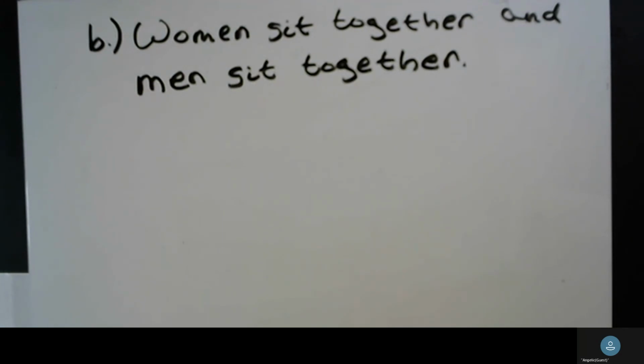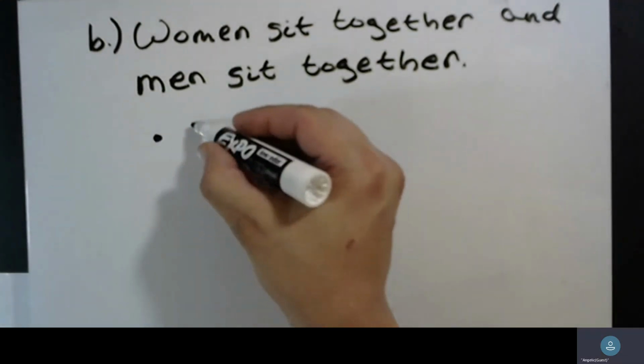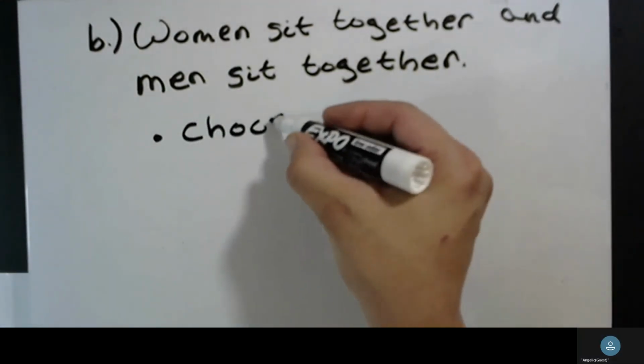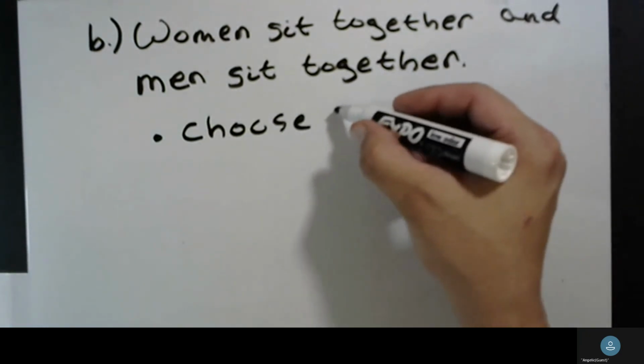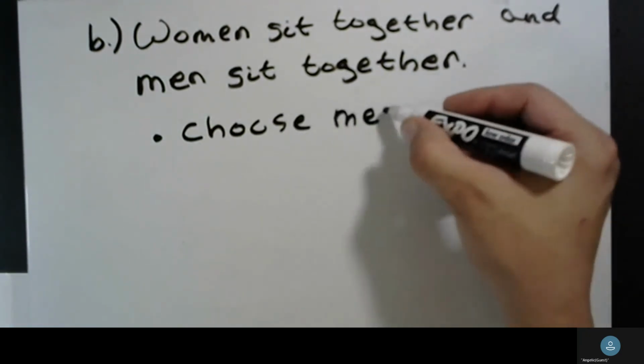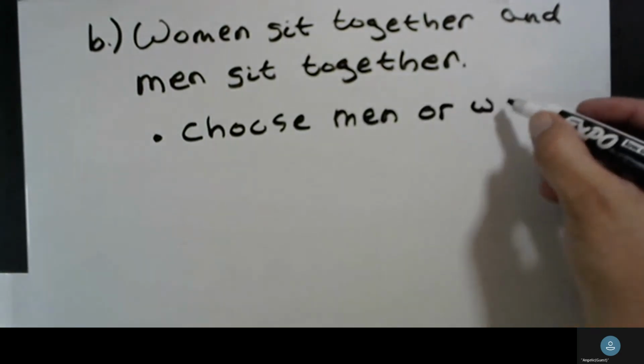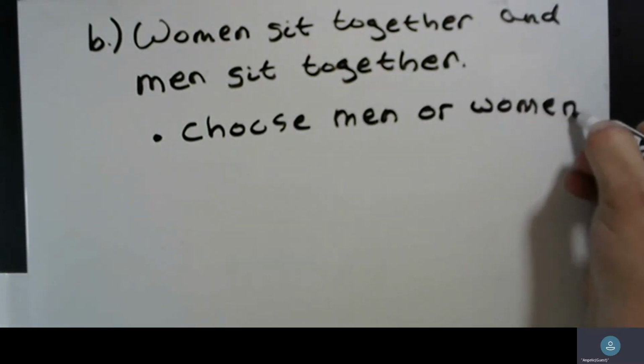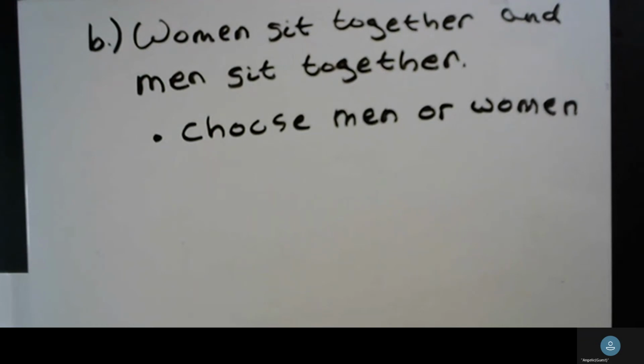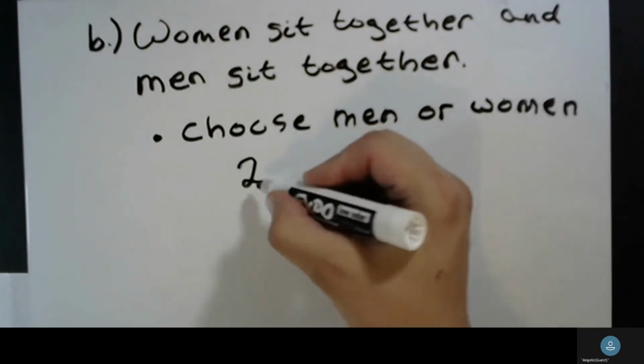Now, in this case, you could think of it as a 3-stage experiment. First off, we have to decide which group we're going to seat first, and in this case, there's 2 options.